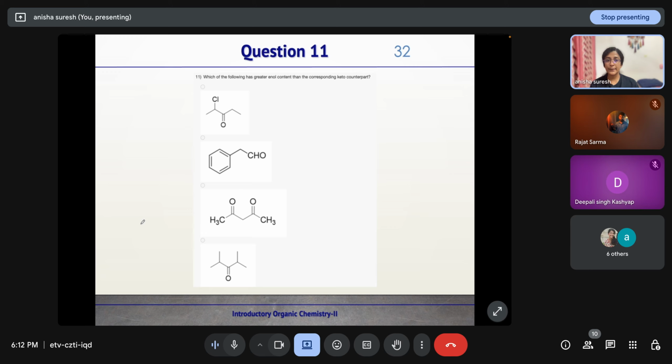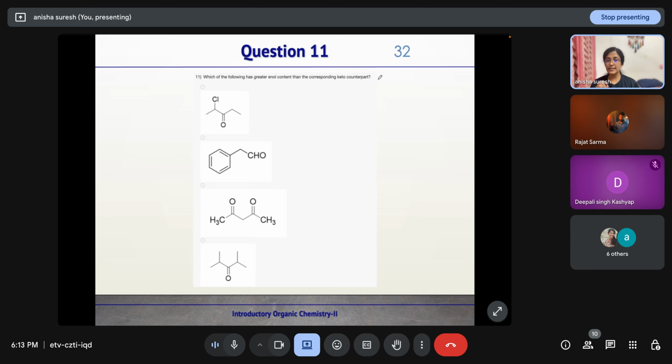Now coming to question number 11. Which of the following has greater enol content than the corresponding keto counterpart? A similar question we have discussed in the beginning. For knowing which has the greater enol content, we have to take into consideration factors like hyperconjugation, hydrogen bonding, resonance, and aromaticity.